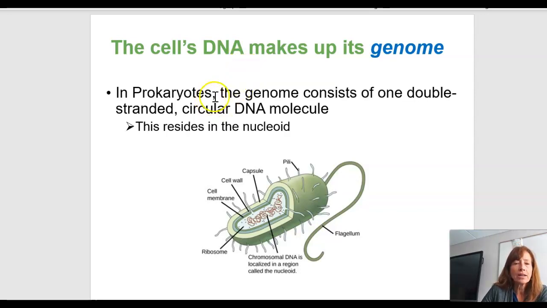Now, in a prokaryote, they have DNA as well, but it's found kind of loosely wound within this area we're calling a nucleoid, right? So it's not a nucleus, it's just an area within this prokaryotic cell, and it's a double strand, and it's somewhat circular.